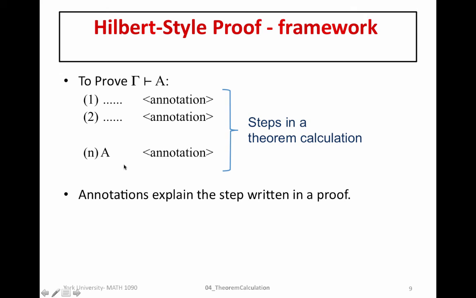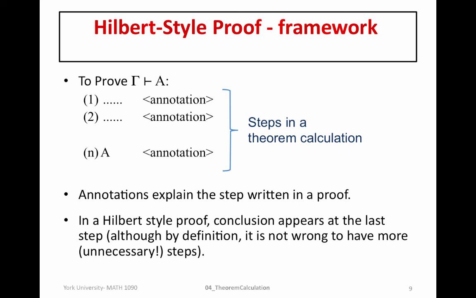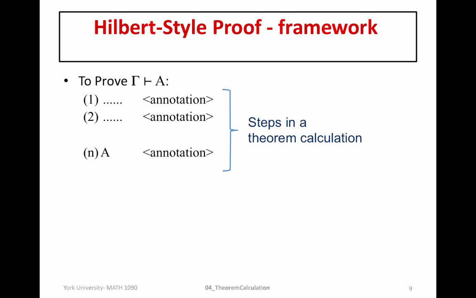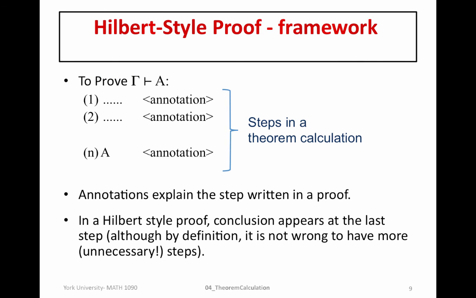We stop as soon as we get to A because we are asked to prove A, and once A occurs in a theorem calculation, we have a gamma proof or a Hilbert proof of A. In a Hilbert-style proof, the conclusion appears at the last step. Although, by definition, it isn't wrong to have more unnecessary steps because A is a theorem as long as it appears in a gamma theorem, as long as it appears, we just want to stop.